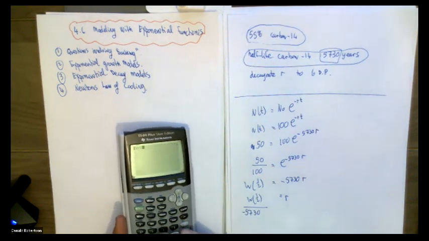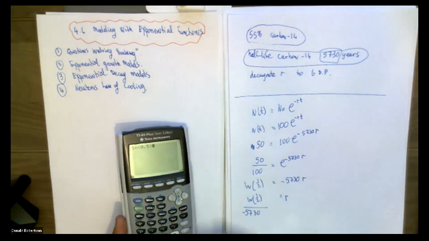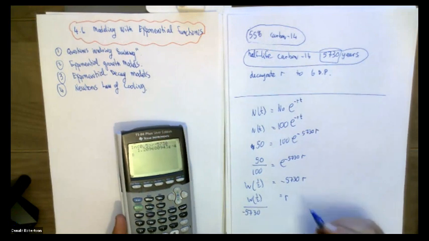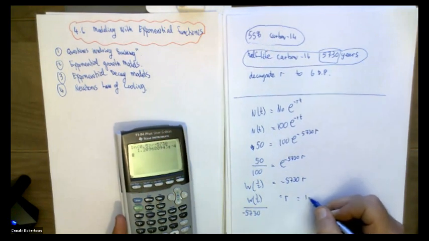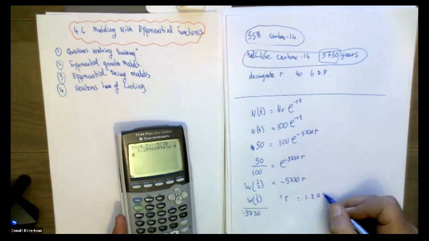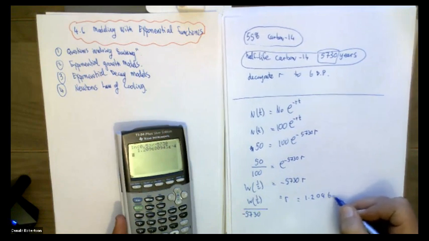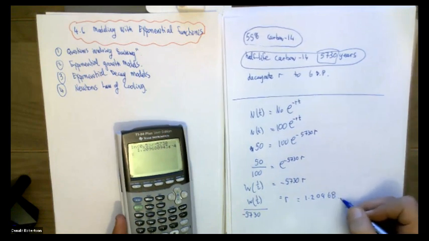It's ln of 0.5, that's what a half is, divided by negative 5,730, into 6 decimal places. Well, let's see how that works. 1.20968 and some other stuff.